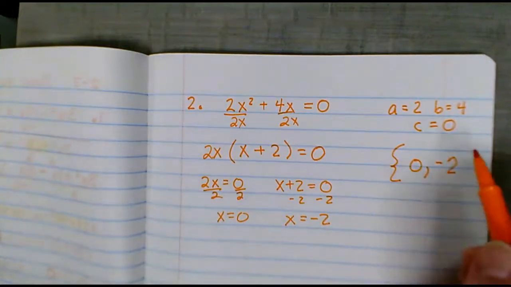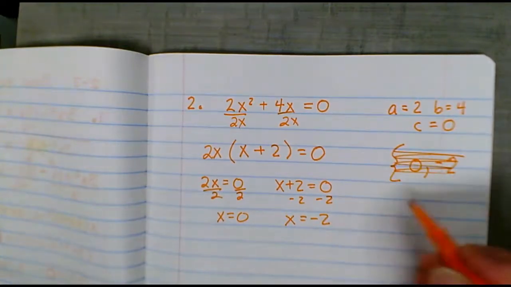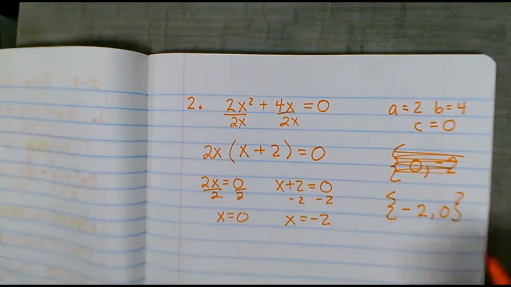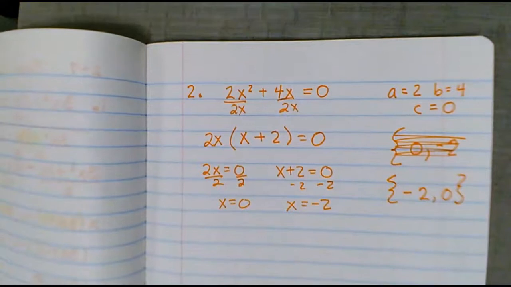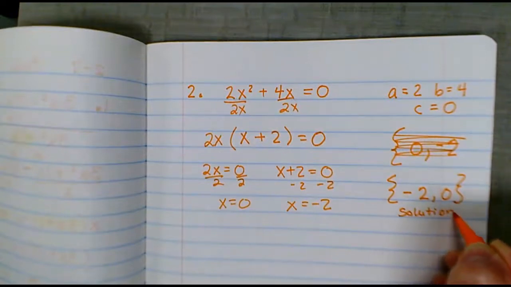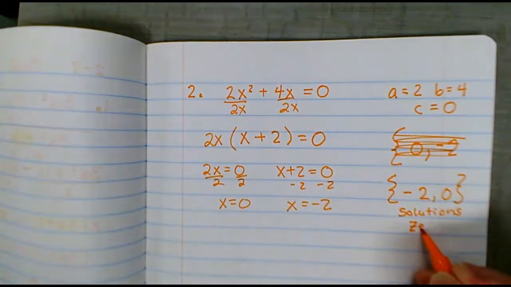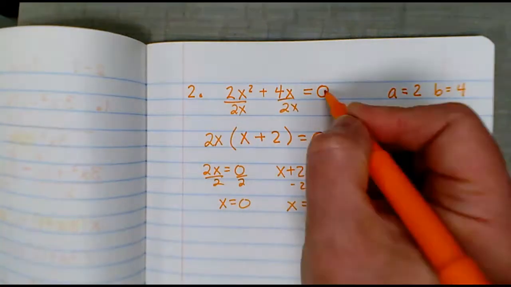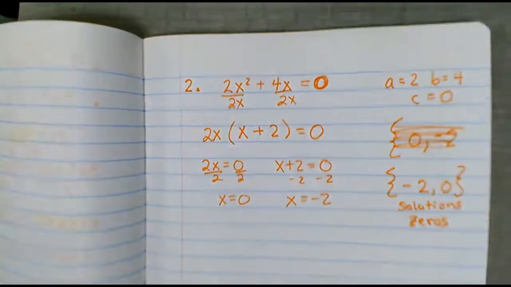I actually should have written them the other way around, because if possible, you should write them in order from smallest to largest. And so these are the solutions. Another name for the solutions is zeros, because that's how we get the solutions, because it is equal to what number? 0.